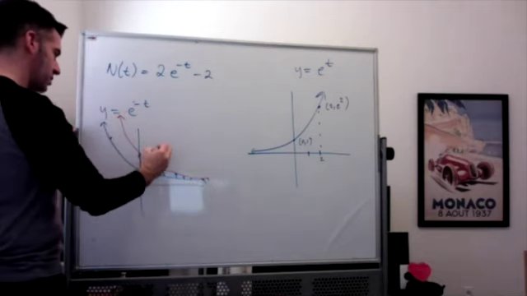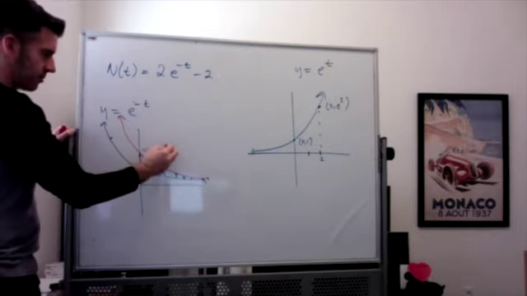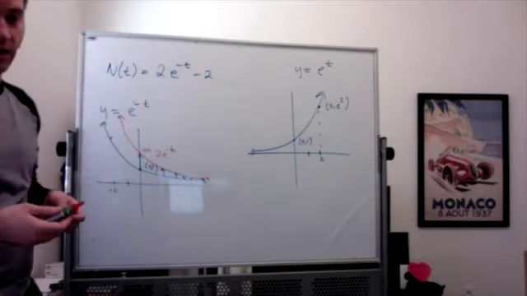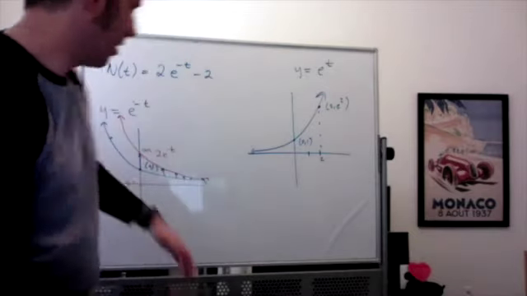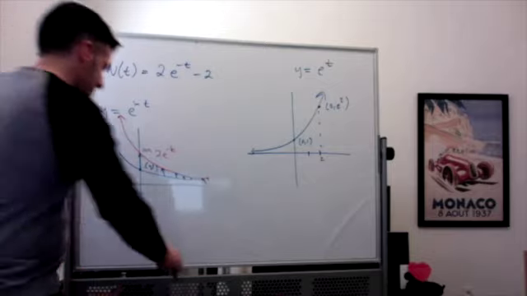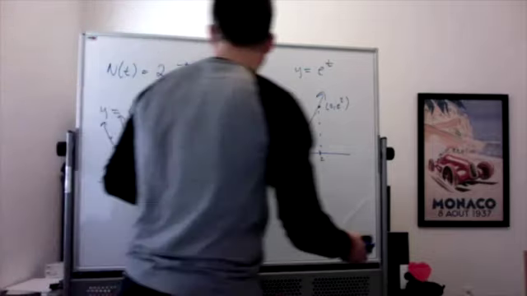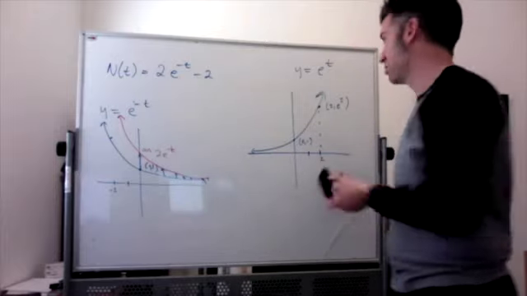So there's our 2e to the negative t. Right, all the y values got doubled. And since they were all positive, they all moved to be twice as far away from the x-axis as they were. And then finally, this minus 2 is going to shift everything down by 2.